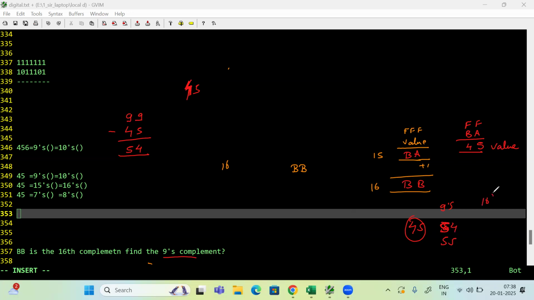What is the 15 and 16th complement you have written? BA and BB. The question I given? This. What I asked? Simple question. You already solved it, everything. That is what he was telling from the beginning. 54.